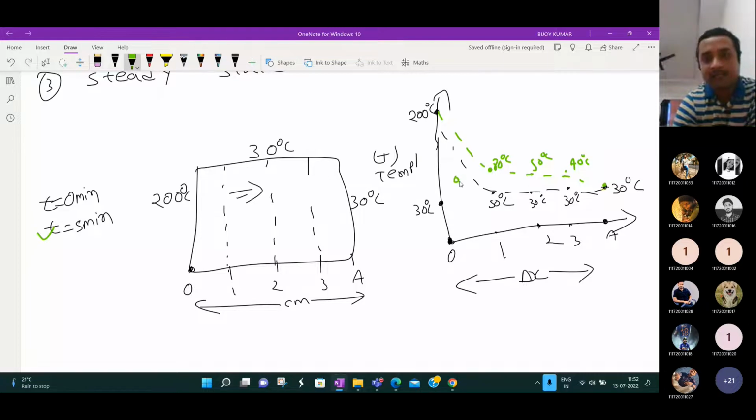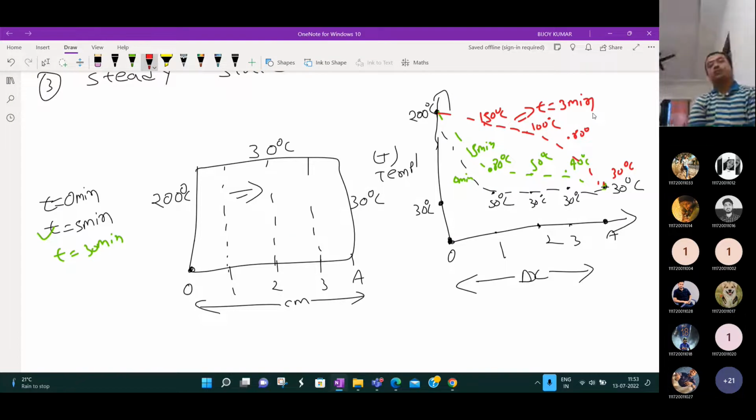Then after, suppose, 30 minutes, what will happen? Here the temperature will reach 150 degrees centigrade, here 100 degrees centigrade, here 80 degrees centigrade, and here it is 30 degrees centigrade. This is the temperature profile we observe after 30 minutes.